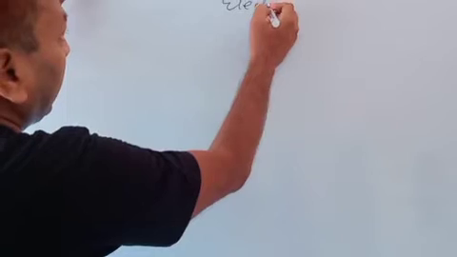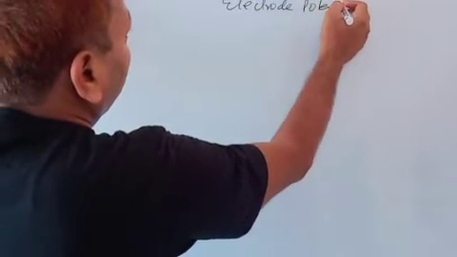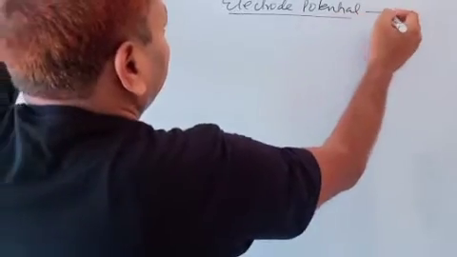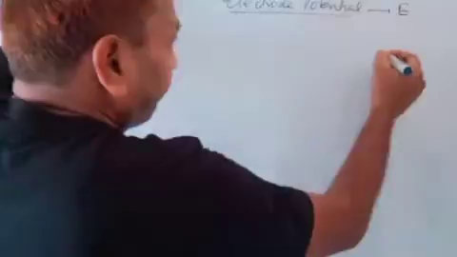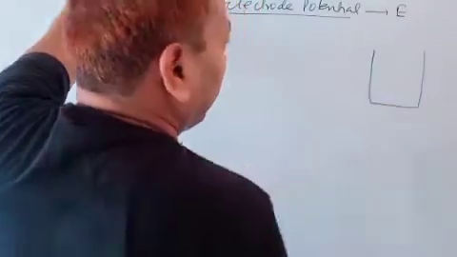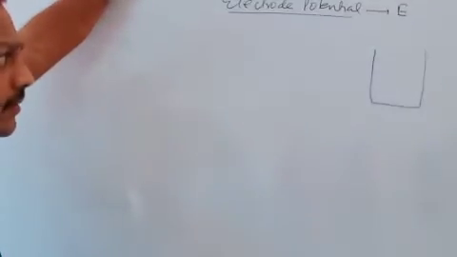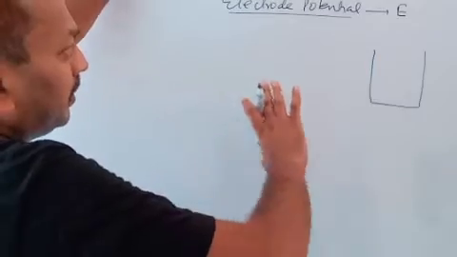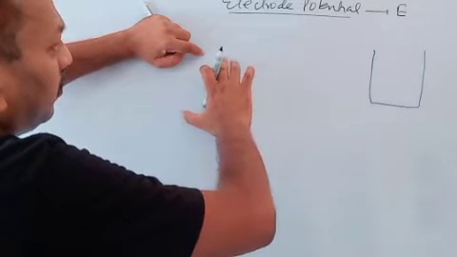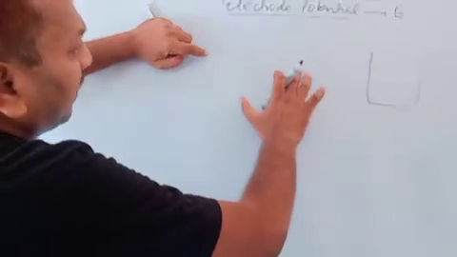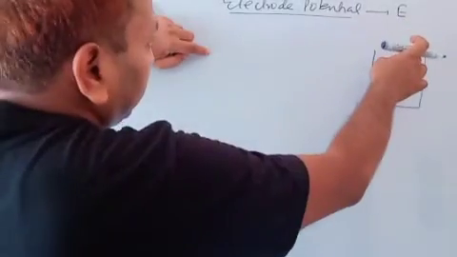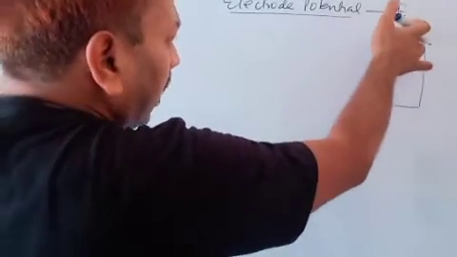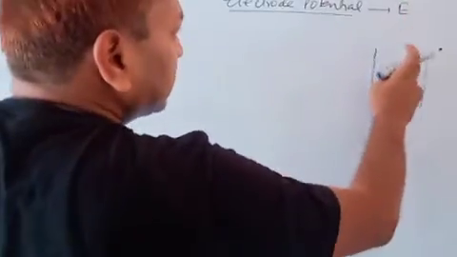First, the topic is electrode potential, symbol E. As we already said in the beginning, the flow of current in an electrochemical cell indicates that a potential difference exists between two electrodes.